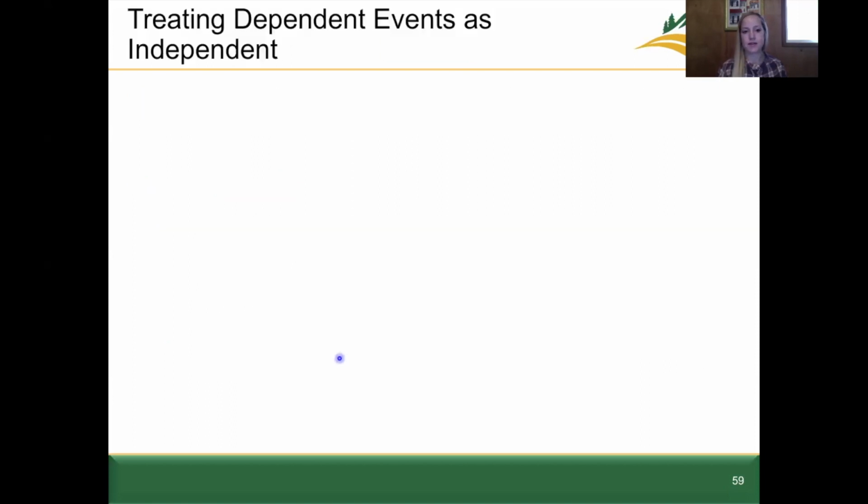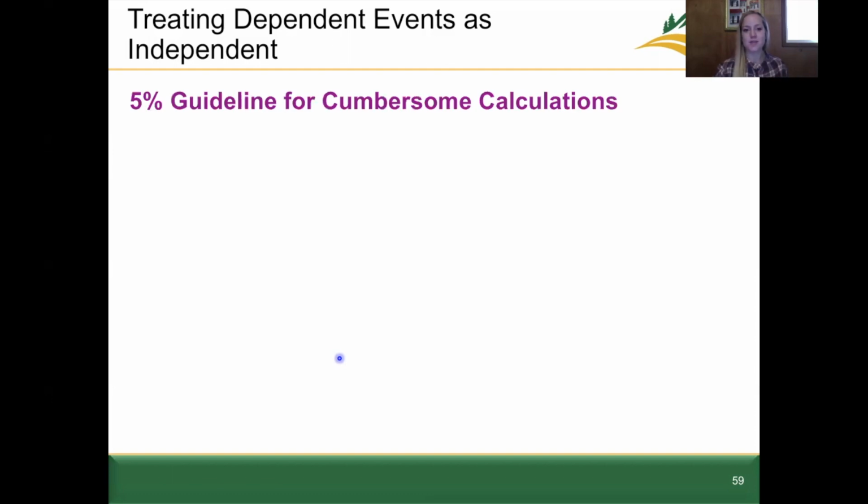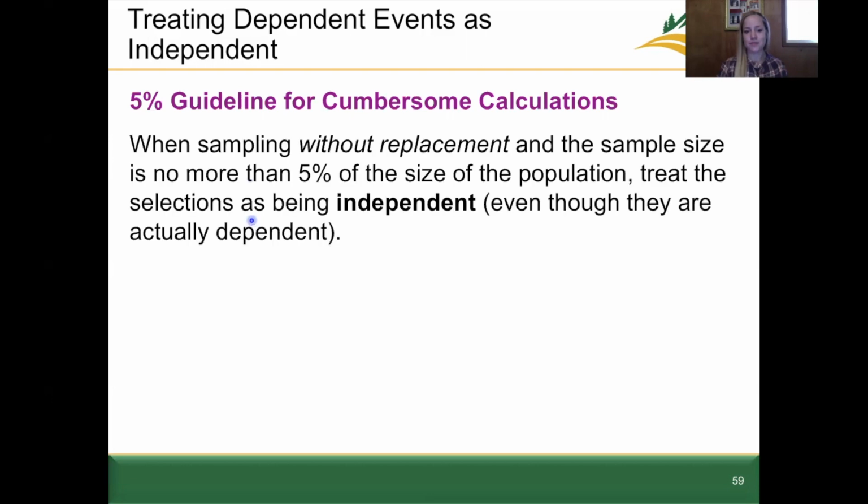Now, as mentioned previously in the requirements for a binomial probability distribution, each of the trials must be completely independent of one another. Now, if we run into trials where the outcome of one trial does impact another trial, we can still maybe use this binomial probability distribution concept, but it has to satisfy these guidelines. We have touched on this before as well. So here's our 5% guideline for cumbersome calculations.